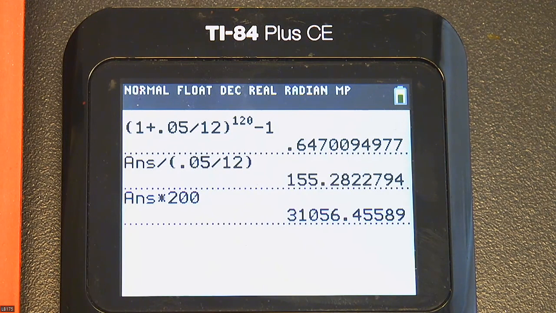And so what we get is that the amount we'll have after 10 years is $31,056 and about 46 cents. All right. So that's what it looks like on the TI-84.